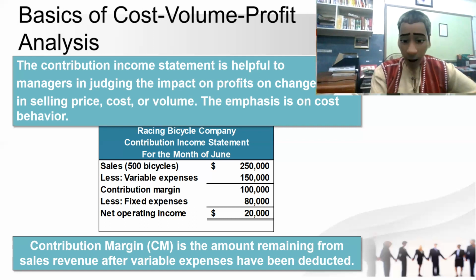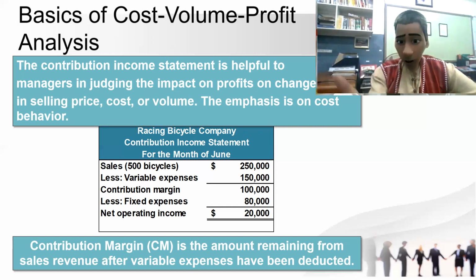Okay. So, for example, in an example racing bicycle company, like on your screen, we have the month of June income statement. So this type is what? The contribution income statement type of report. Why? We already know that if we have the contribution margin, this is the type of income statement that we call contribution income statement.